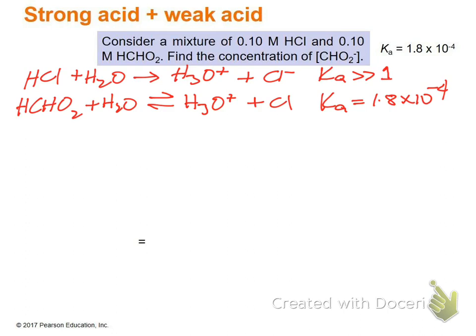So here we're given the concentration of the strong acid, hydrochloric acid, 0.10. So that means that the concentration of the hydronium ion is also going to be 0.10 molar.